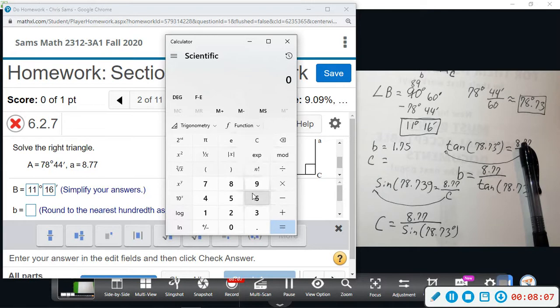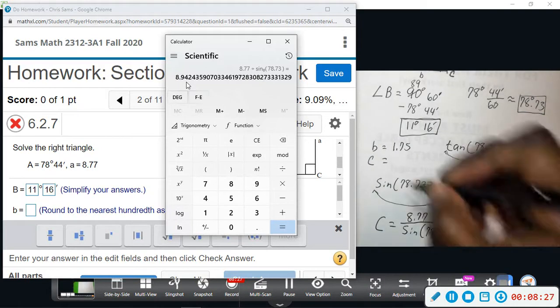Alright, so 8.77 divided by sine of 78.73, and we're going to do trig. We have to do sine this time. Okay, that looks good, equals, and we get 8.94, and that will not round up.